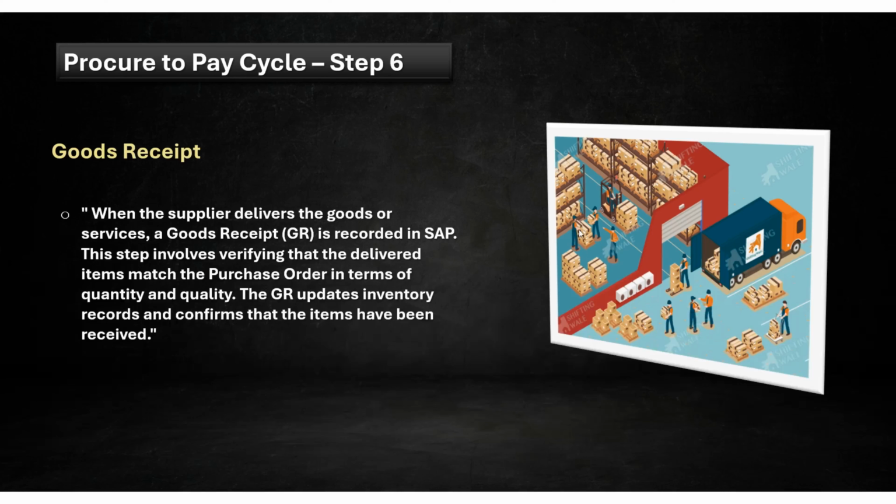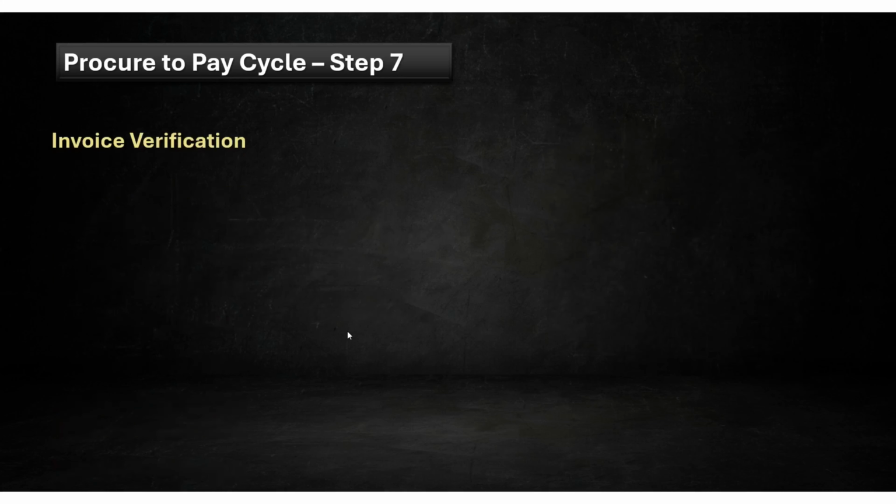Okay, so coming back to the example, when 500 kgs of steel arrives at ABC Manufacturing, our warehouse team checks it and makes sure everything is in good condition or not. And then they will record the goods receipt in the SAP system. Clear?